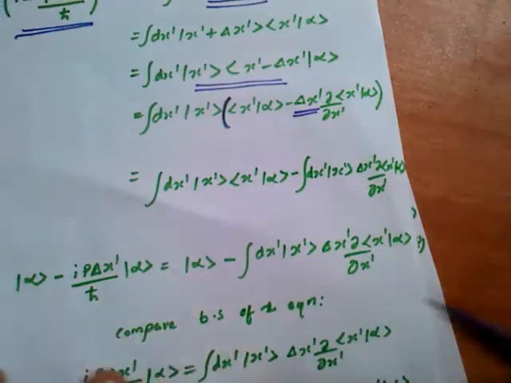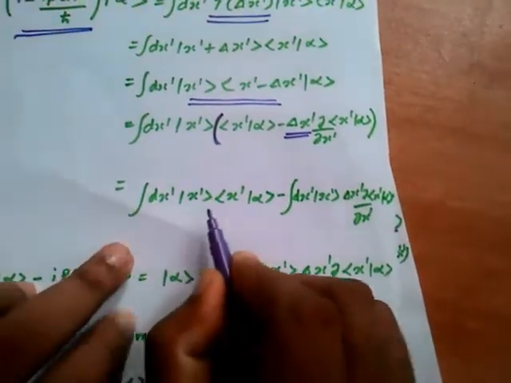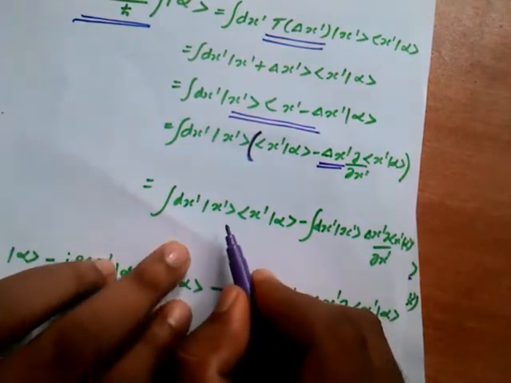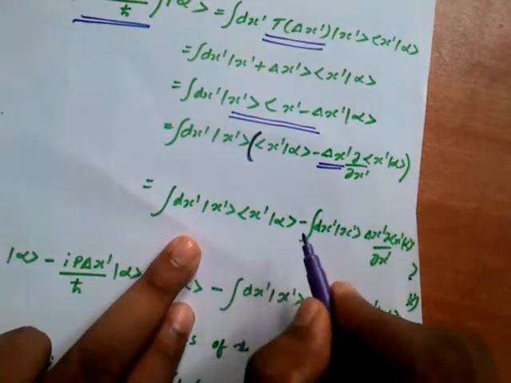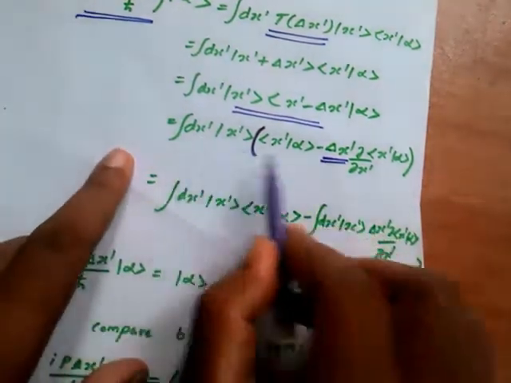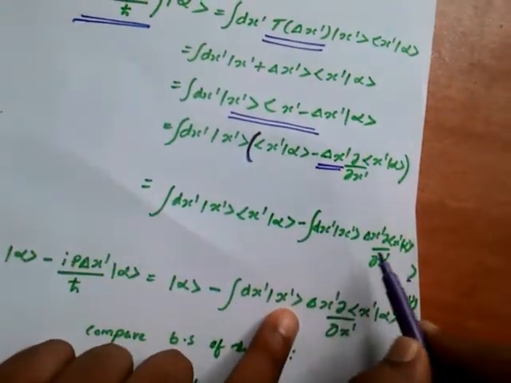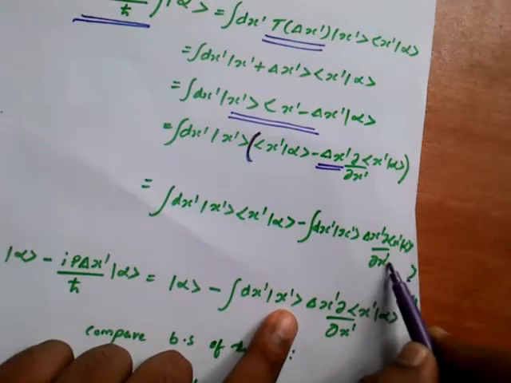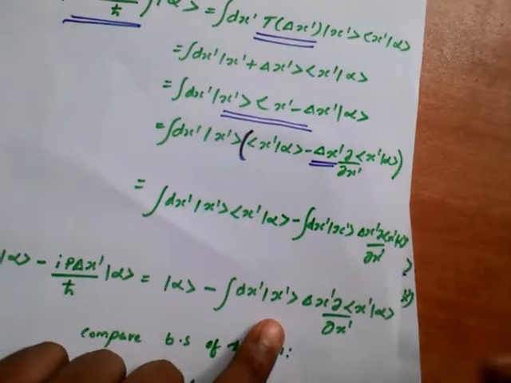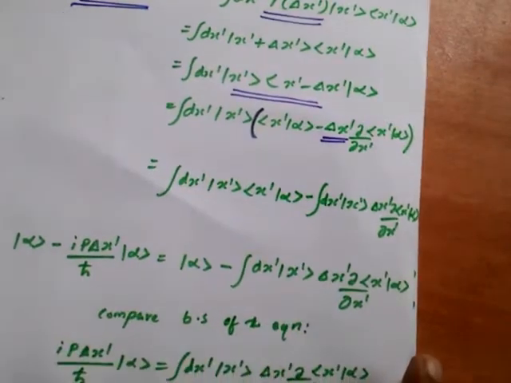Okay, and that is equal to integral dx dash x dash outer product x dash alpha minus, just expanding it, integral dx dash x dash delta x dash dou by dou x dash inner product of x dash alpha.